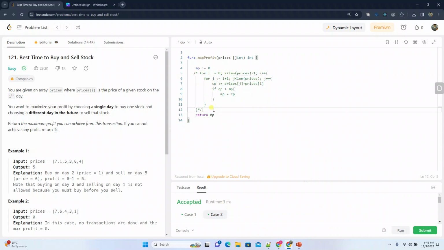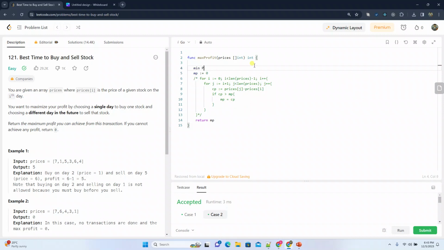Similarly, we will now understand and implement the optimized, one pass solution. As I mentioned, maximum profit is still the same.